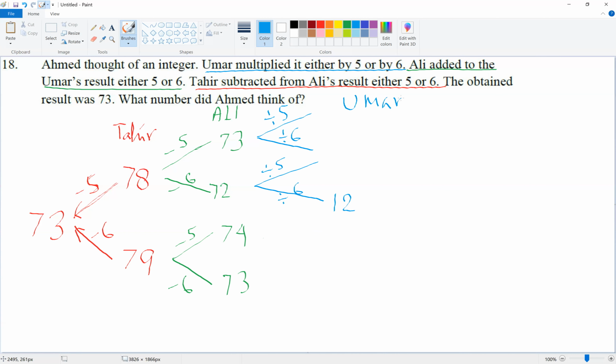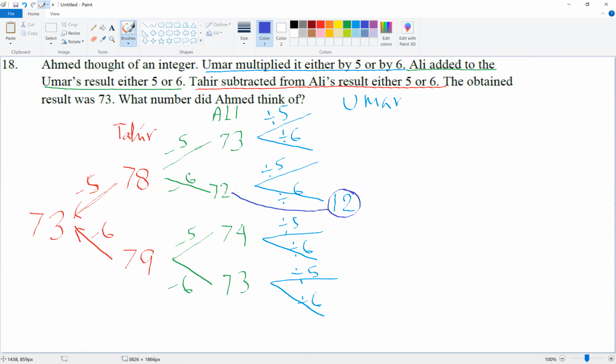And similarly, if you look at this section, is it divisible by 5 or 6? No. How about this one? Is it divisible by 5 or 6? No. So none of this is possible. So the only thing that we found was Umar was 12.